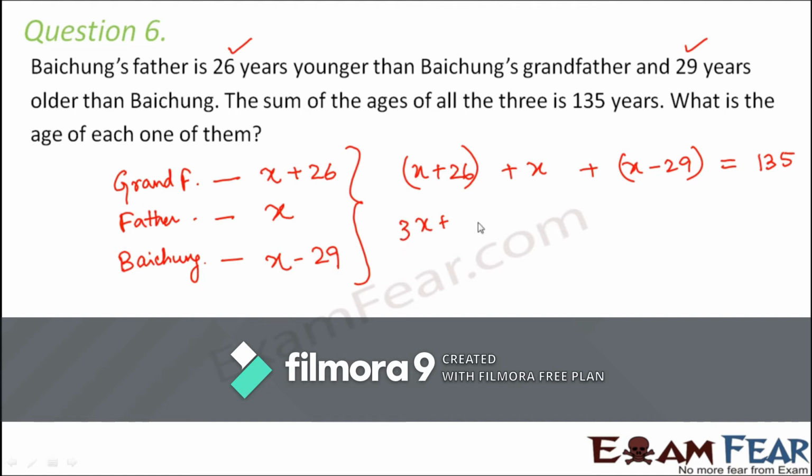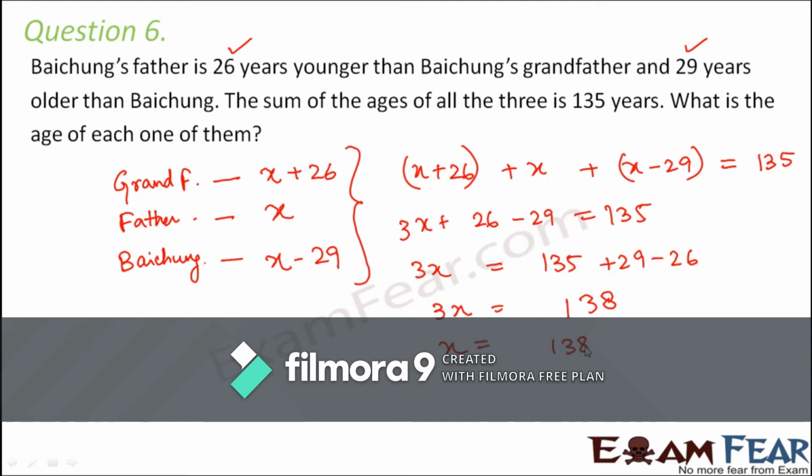So this would be 3x plus 26 minus 29 is equal to 135, or 3x is equal to 135 plus 29 minus 26. So this would be 3x is equal to 138, or x is equal to 138 by 3. So this is 3 4s are 12, 3 6 are 18. So x is equal to 46.